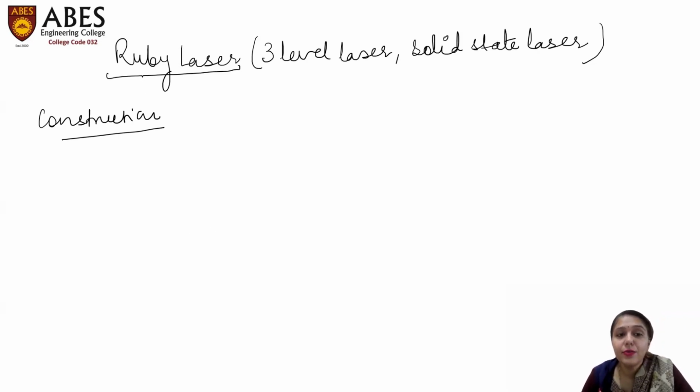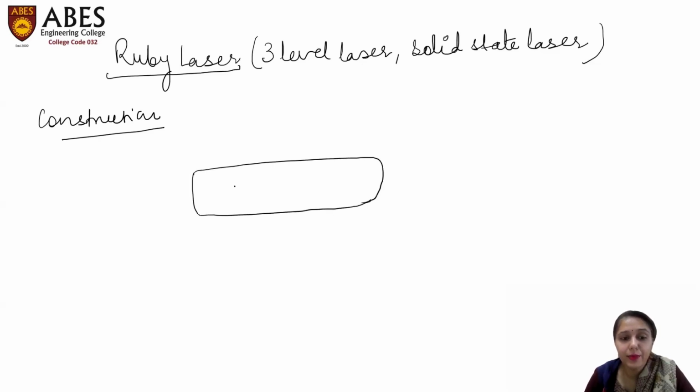In this case, ruby laser, we use a ruby rod, and that ruby rod should have some chromium ions doped in it. Means the active medium will consist of a ruby rod. This is a part of the active medium. We can say it is Al2O3, which is doped with chromium ions.